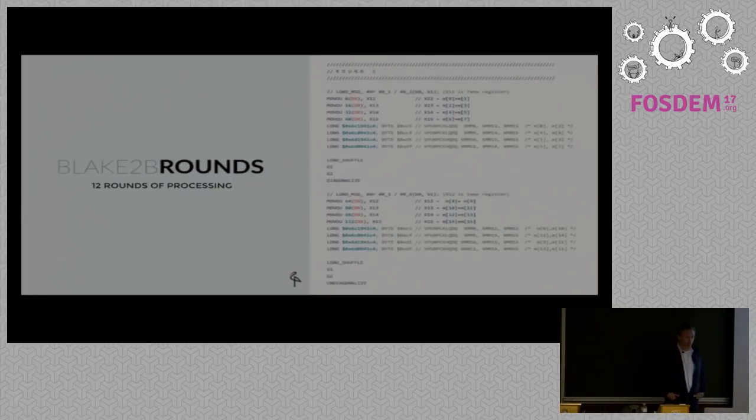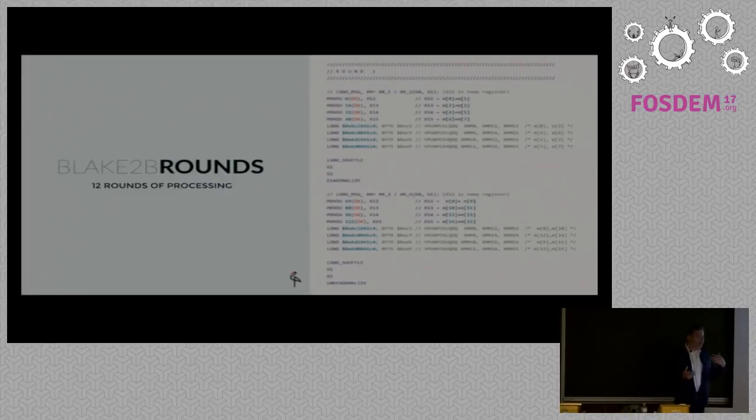If you look at the BLAKE2b algorithm itself, it has 12 rounds of working on the data. This is the preamble, where first the message is read in, then it's shuffled around, and then there are 2 macros that do the actual XORing, adding and rotations of all the bits.